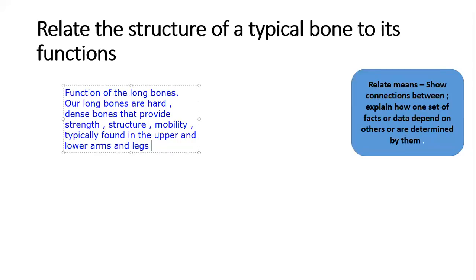Very good. What are the adjectives that are used there? Hard. And? Dense. Exactly. You see, it's the hardness and the denseness of the bone that allows it to provide what? Strength. Make sense now? Make sense to you, Chevel? Yes. So, when we're reading that now, the bone provides strength as well.